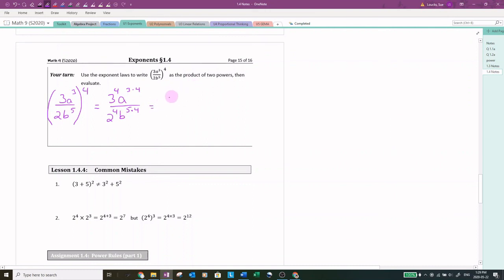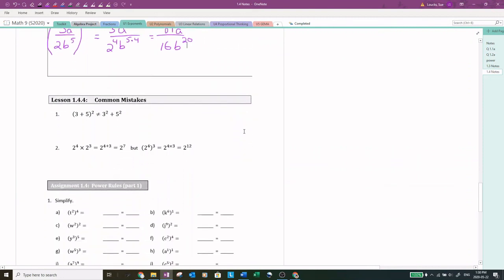So 3 to the 4 is 81, and this is a to the 12. And 2 to the 4 is 16, b to the 20. Okay, hopefully that made sense to you. We did skip a couple of steps in there, but I'm hoping that you could follow that.